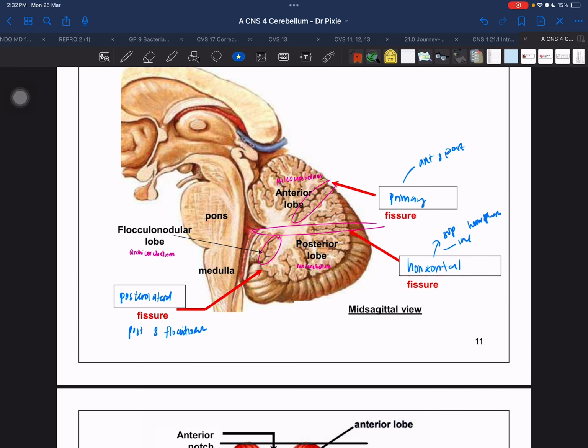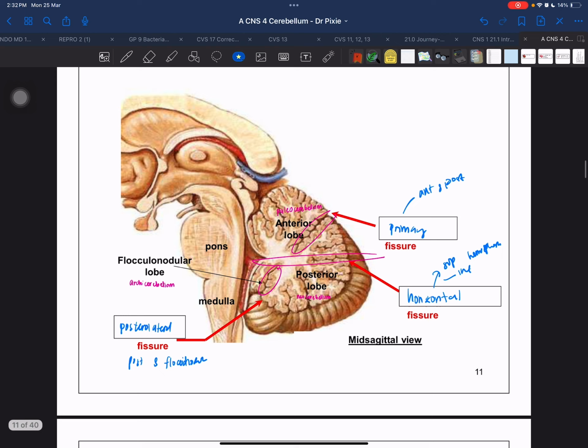Each of these connects to the cerebellum through the cerebellar peduncles, superior, middle, and inferior. Now you will see 2 very important fissures. One is here, called the primary fissure. The primary fissure divides the anterior lobe from the posterior lobe.